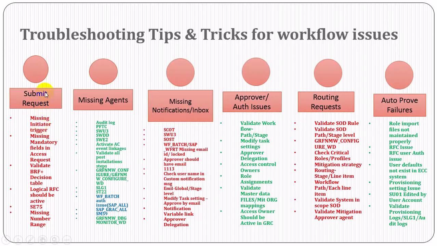Once the request is submitted, we will check whether agents like role owner, manager, firefighter owner, controller, mitigation owner, any owners are missing. It was not routed to the appropriate owner. We will check whether any agents are missing in the access request. Request submitted, agents are identified.